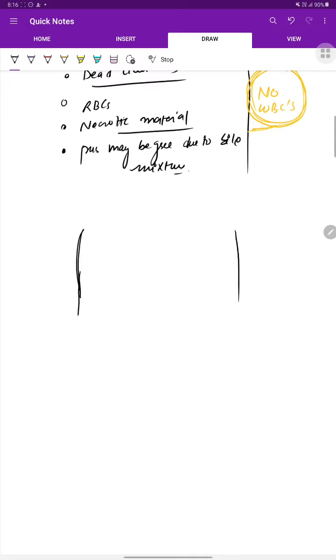I will present this by making a diagram. This is the chest wall part, and inside is the pleura. This is the pericardium. This is my lung.